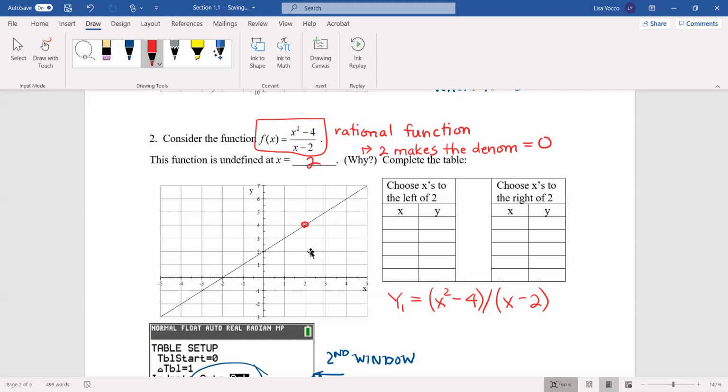There's a hole in the graph, and that's because the function is undefined at x equals 2. But if we were to approach where x equals 2 from the left, we're going this way, and then approach x equals 2 from the right, the function value that we're approaching is 4 right there.